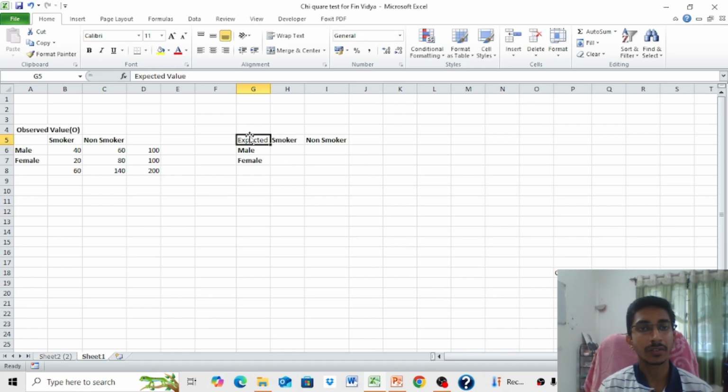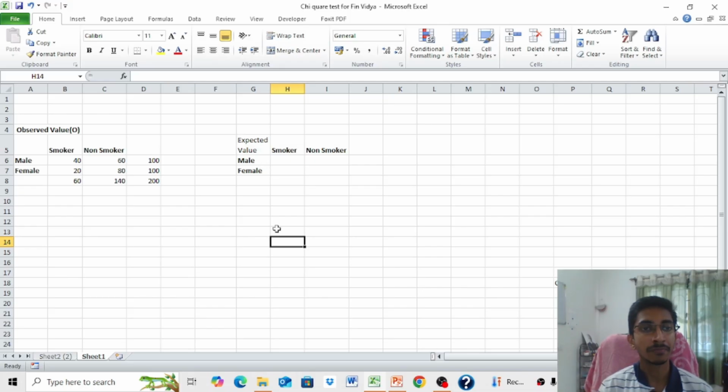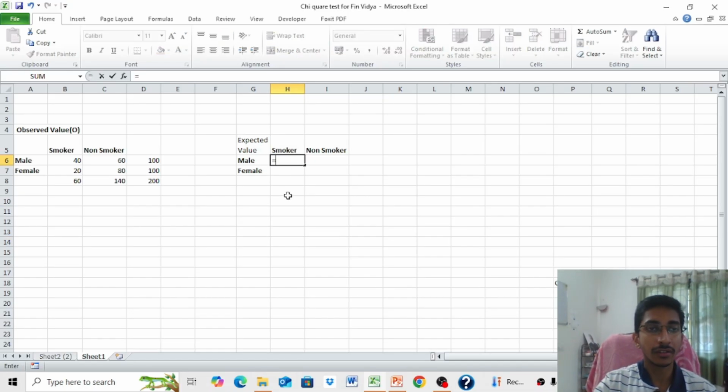Now we put the formula: equal to bracket open, column total multiplied by row total, bracket close, divided by grand total, done, enter.